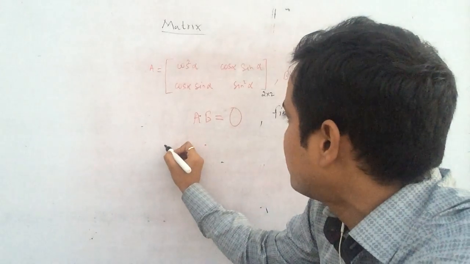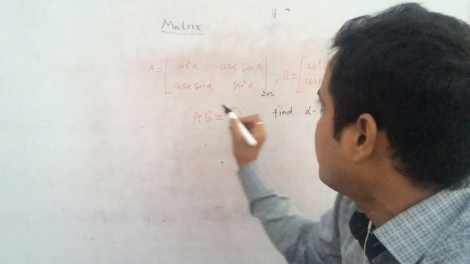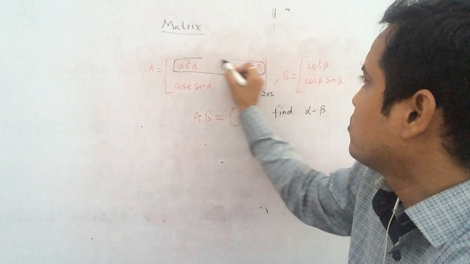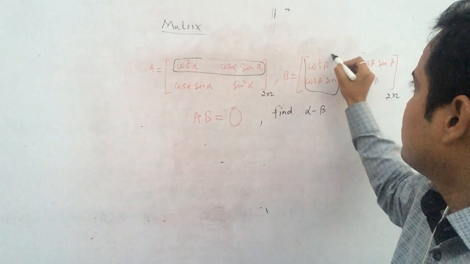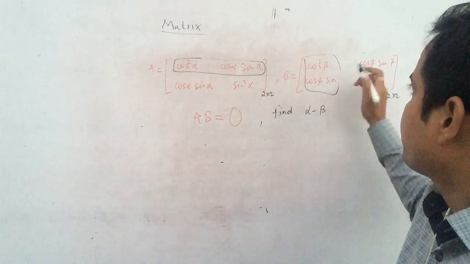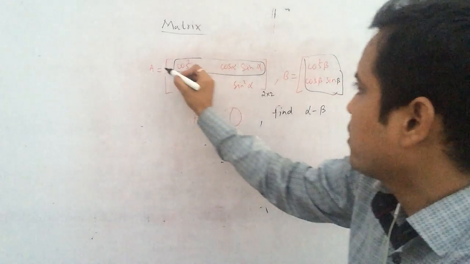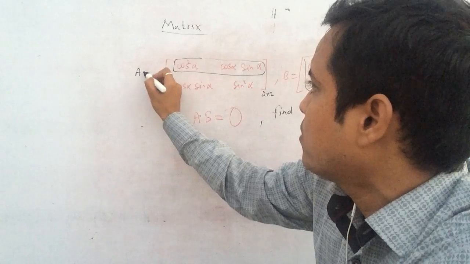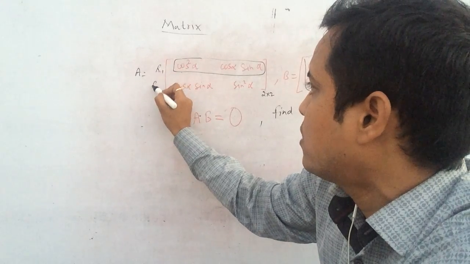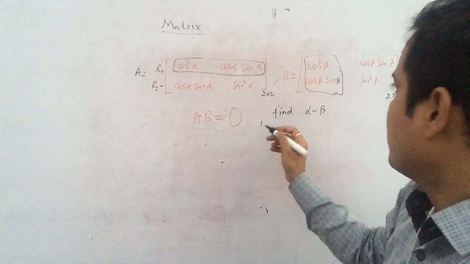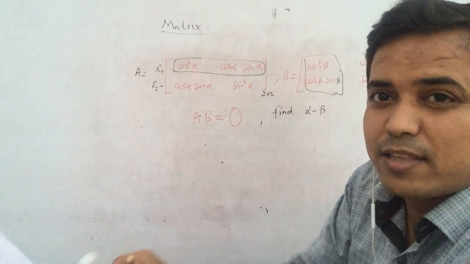So let's multiply A and B. How would you multiply? The first row will be multiplied with the first column. This is R1, this is R2. We haven't checked the order.